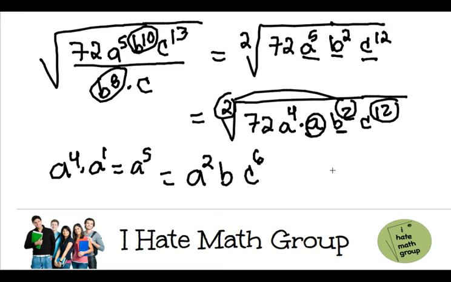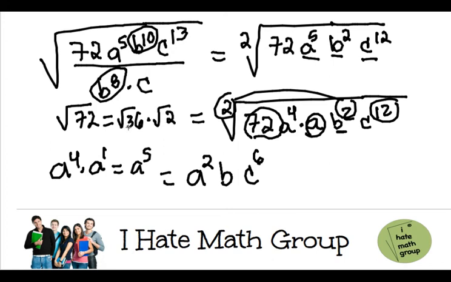Perfect. Inside, I now have a 72. Now, 72 is also the same as 36 times 2. So I can also say the square root of 72 is equal to the square root of 36 times 2. And the square root of 36 is just 6. So I'm almost done.